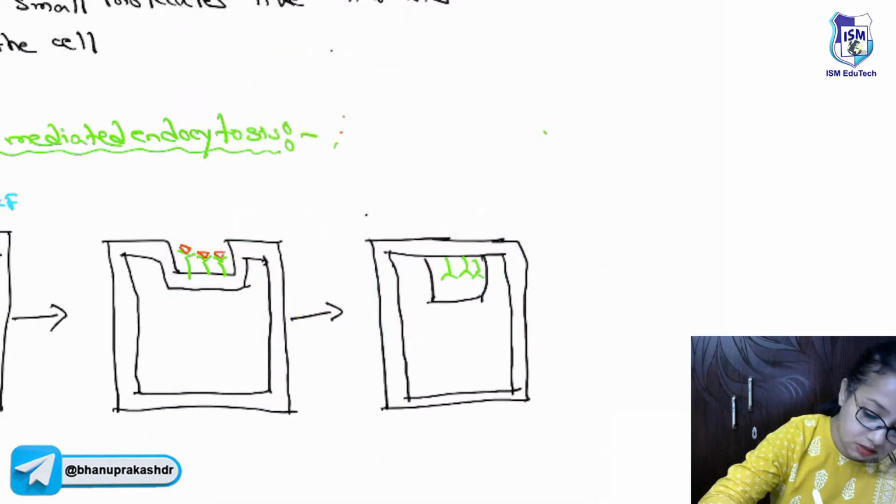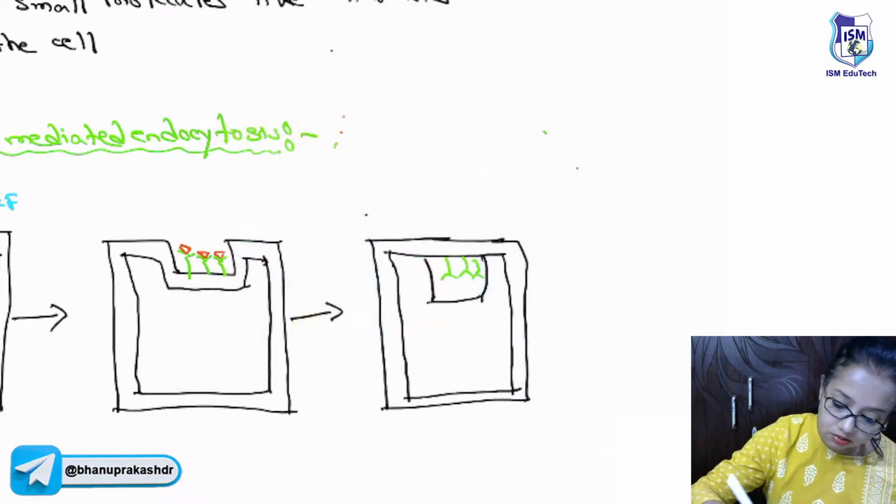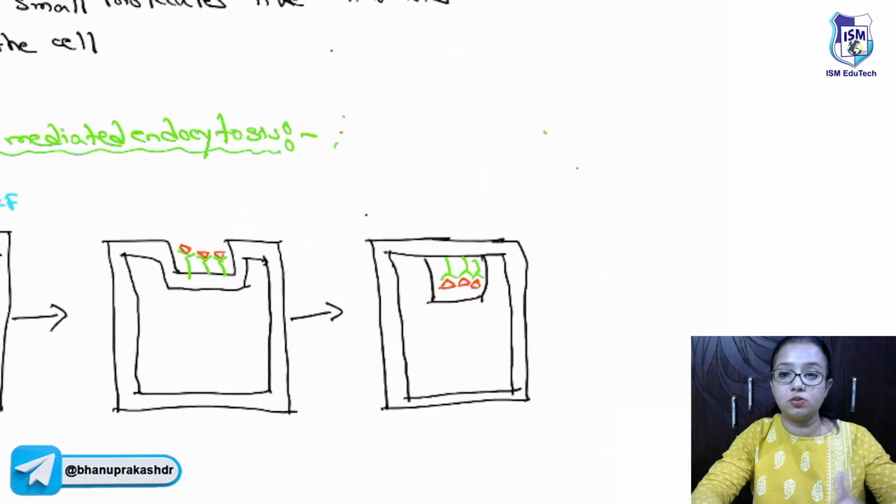Like this, the receptor along with the molecule will now face the cytoplasm.